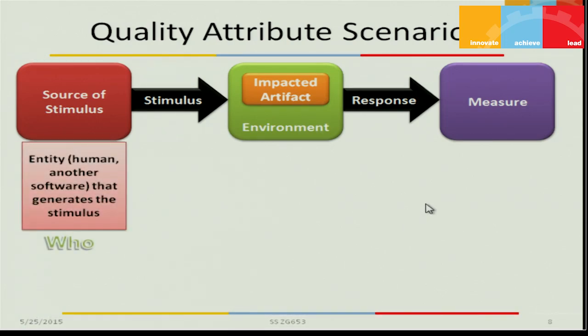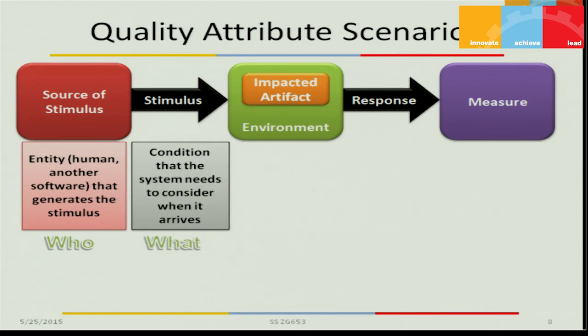So the first one is the source or the stimulus, who creates this particular scenario. It is an entity like a human or other software that generates the stimulus. So who is actually using or generating this particular quality attribute scenario?